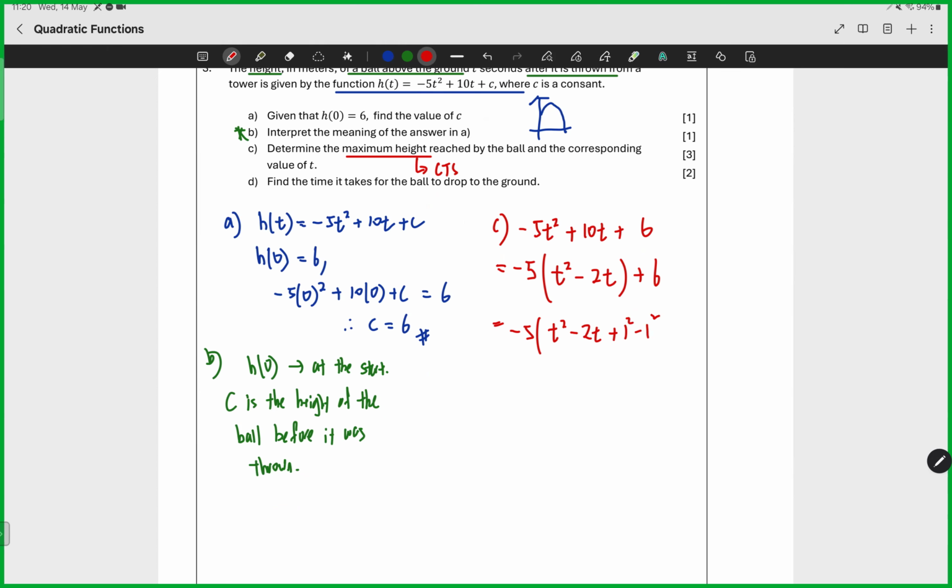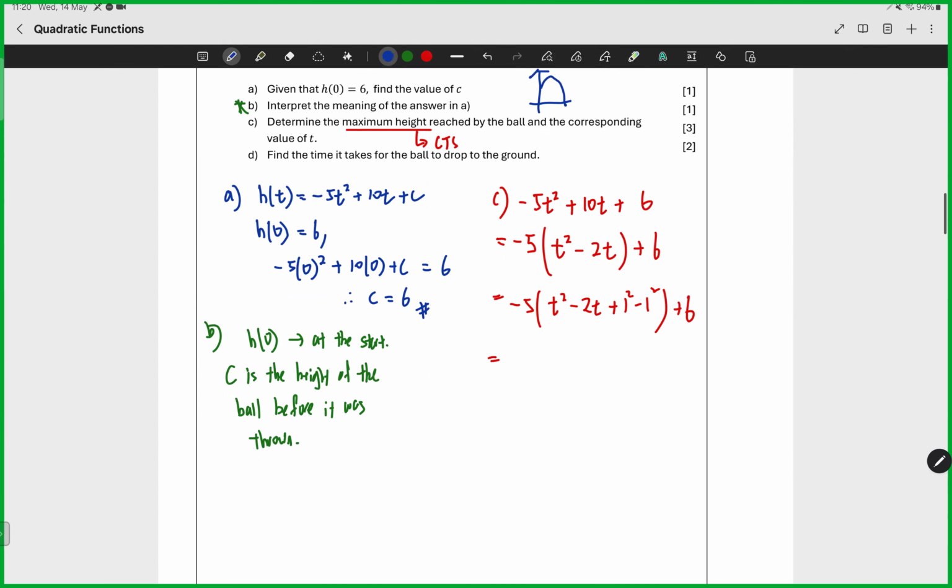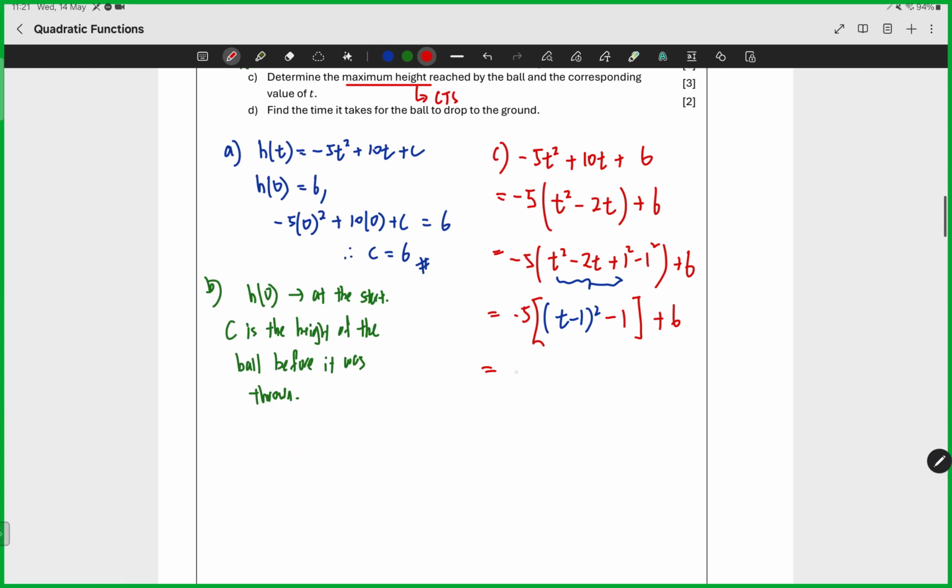This part down here completes the square, so this will be (t - 1)². Negative 5 on the outside, minus 1, plus 6. Bring in the -5, so that will be -5(t - 1)² + 5 + 6, because -5 distributes into the -1. So it's -5(t - 1)² + 11.